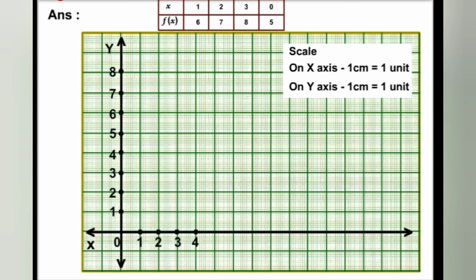Now let us plot the point (1, 6). It is here. Point (2, 7) is here. Point (3, 8) is here. And point (0, 5) is here. Now let us draw a straight line passing through all these points in this way.